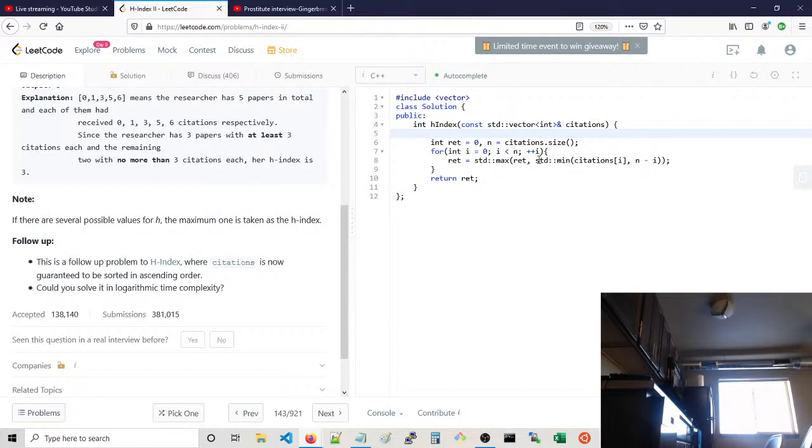I guess you'd have to look between index 0 to 5, right? Because everything to the right is going to be greater than or equal to whatever number you have there, right?